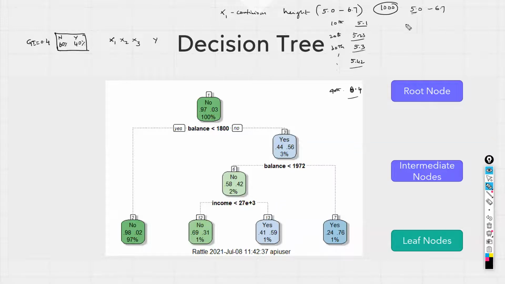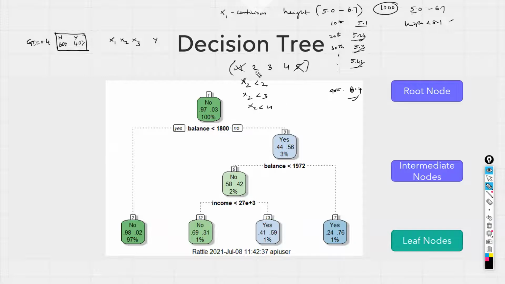So it will try height less than 5.1. This is one level. Then height less than 5.23, height less than 5.3, 5.42, all the way up to height less than 6.4. That's one way of finding the split criteria. If it is discrete, like 1, 2, 3, 4, 5, no decimal values, then it's like some variable, x2 less than 2, x2 less than 3, x2 less than 4.